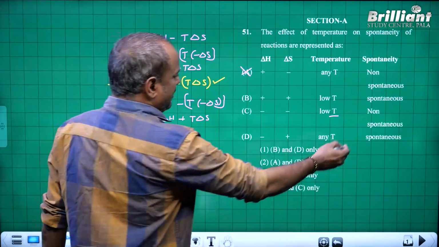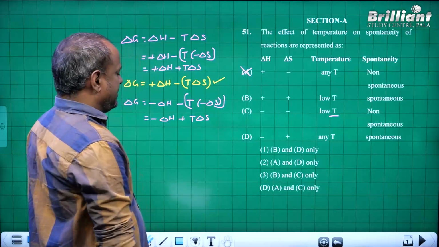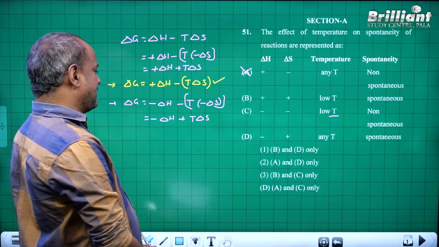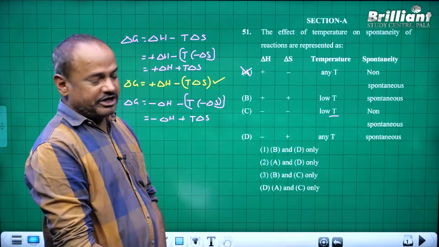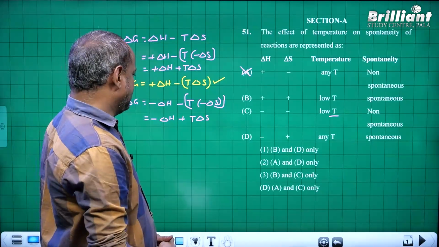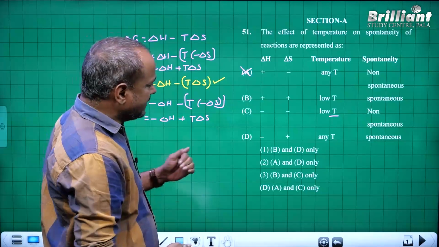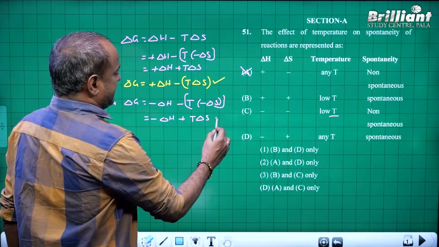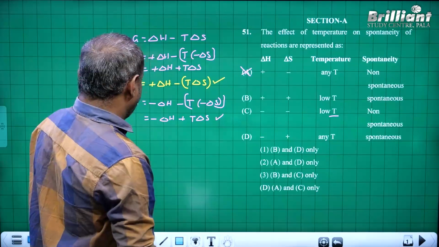But the condition here non-spontaneous. Non-spontaneous means if T delta S itself is a predominant factor due to high entropy change over delta H value. That means here also working of effect of temperature.